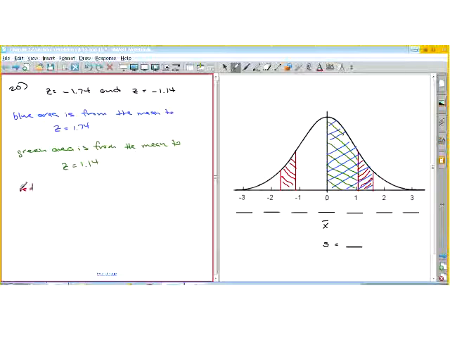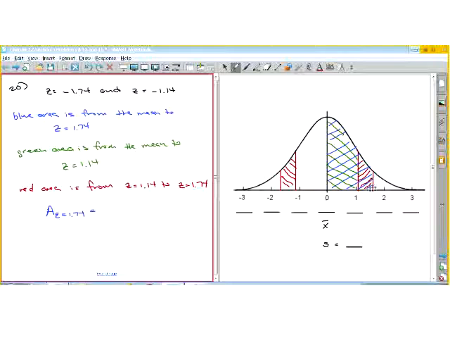And the red is from z equals 1.14 to z equals 1.74, which is this area, which is the same one if you take the absolute value. So all we have to do now is find the green area and the blue area. So the blue area is a function of the z-score, 1.74.